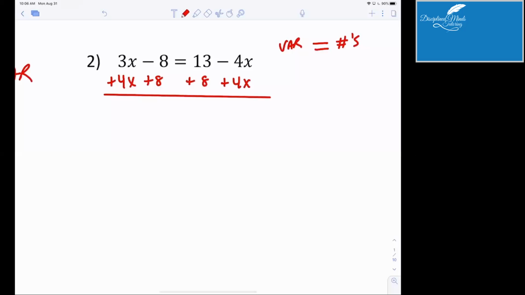And there we have it. So now 3x and 4x makes 7x. Those cancel, these cancel. So 7x is equal to 21, and it doesn't always work out. So in this case, x equals what? 3.